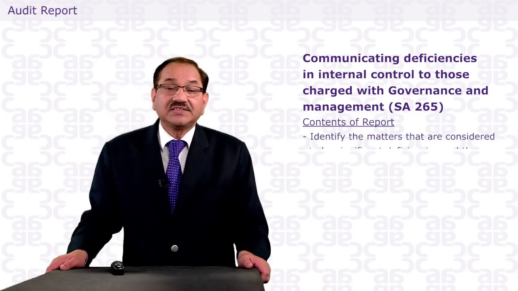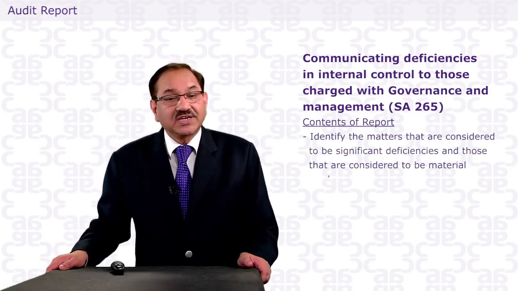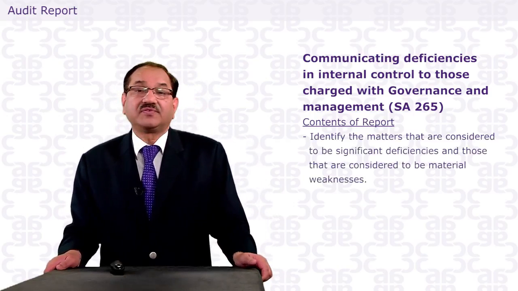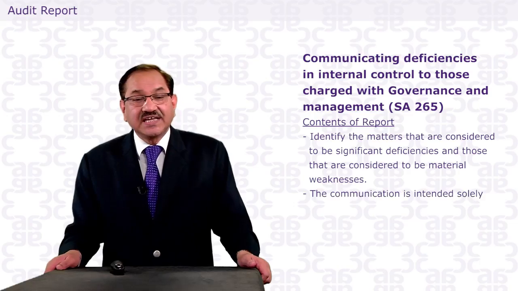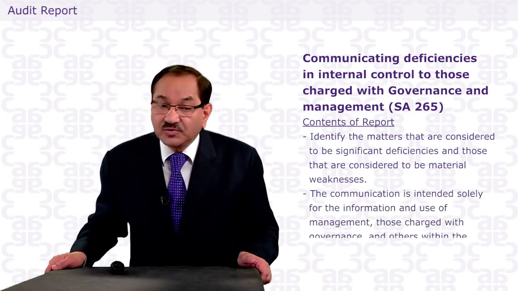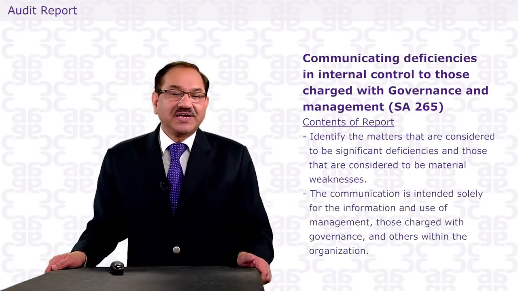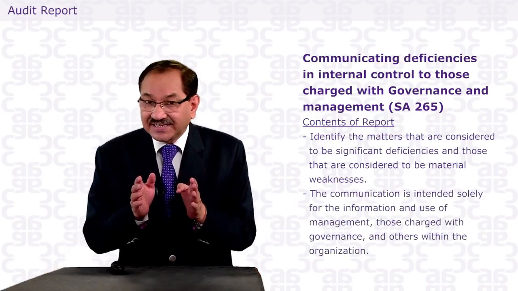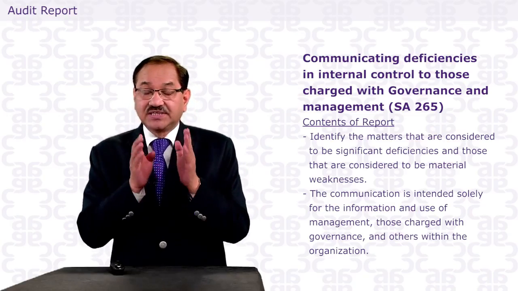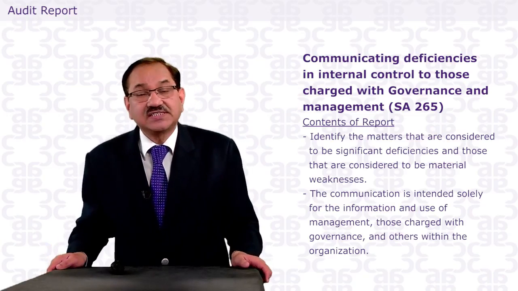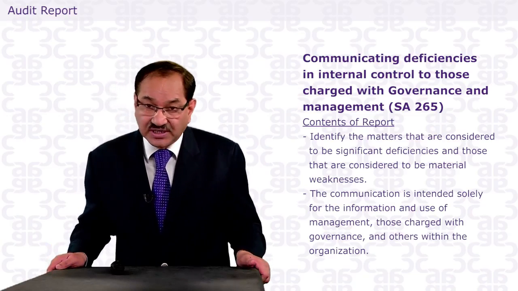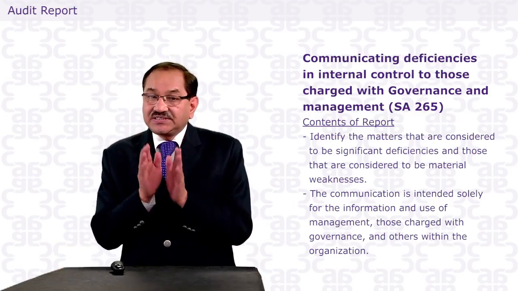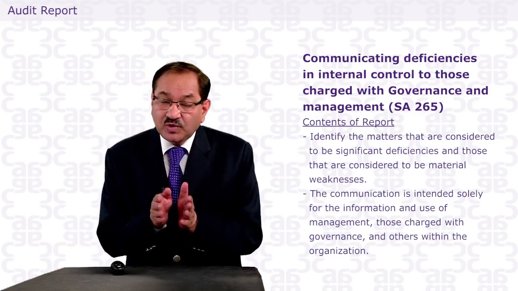Identify the matters that are considered to be significant deficiencies and those considered to be material weaknesses. Both have to be identified. The communication is intended solely for the information and use of the management, those charged with governance, and others within the organization. When you are writing these significant deficiencies and material weaknesses in the internal control to those charged with governance, you must write that these matters are being reported to you for your use only.